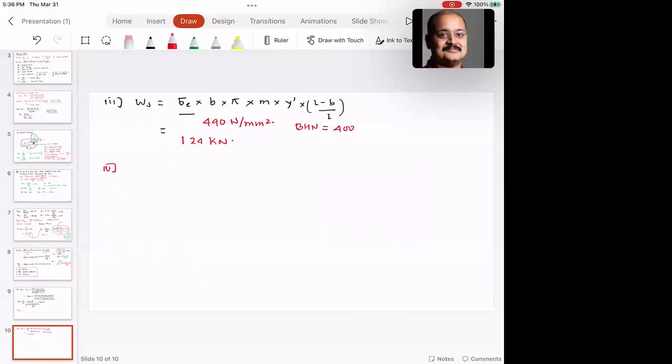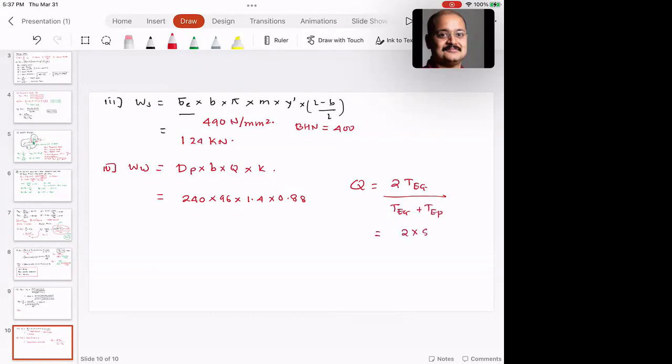Next step, WW is dP times B times Q times K. It's 240 times 96, 1.4, 0.88. Q is equal to 2 TEG divided by TEG plus TEP. So 2 times 84 divided by 36 plus 84.